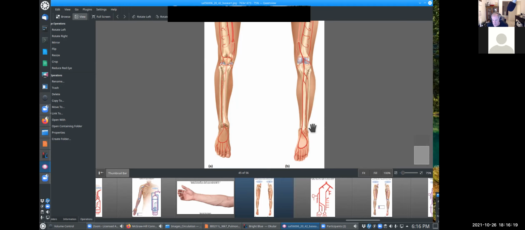This is kind of confusing, but yeah, that would be this one. It's going to be lateral. So it's going to be on the outside, or lateral, around the lateral malleolus.